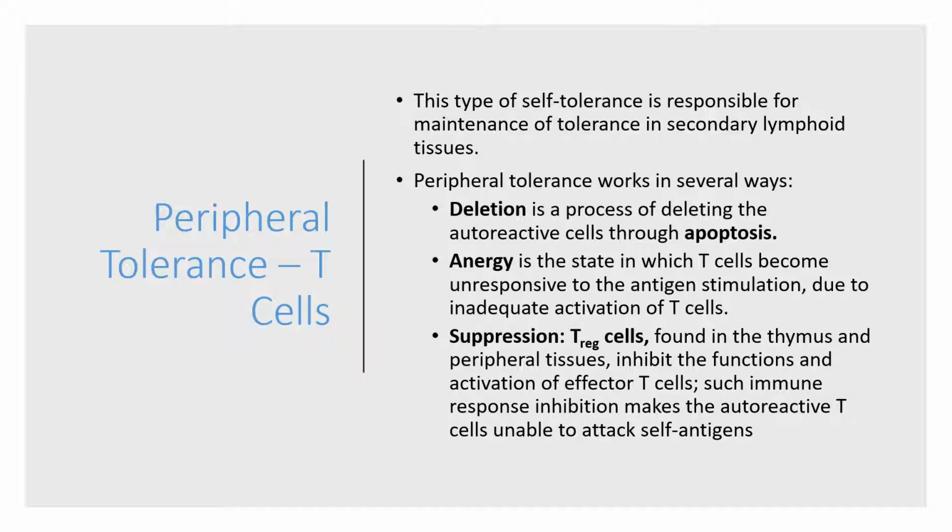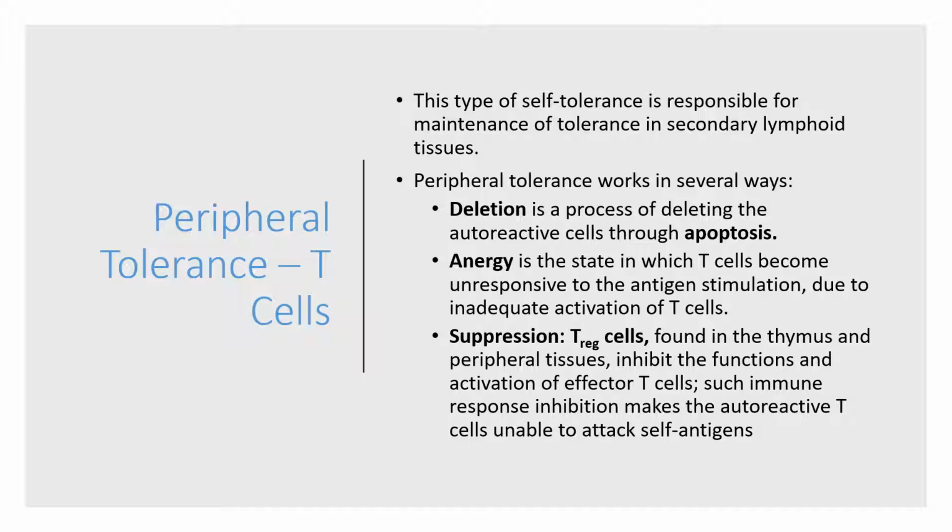Once they go out into the world, so to speak, and find themselves in the peripheral lymphoid tissues, peripheral tolerance can happen in several ways. We talked about in the maturation process in earlier chapters how the peripheral tissue can delete self-reactive cells through apoptosis.